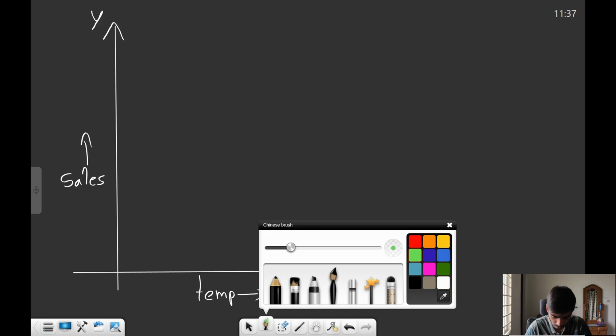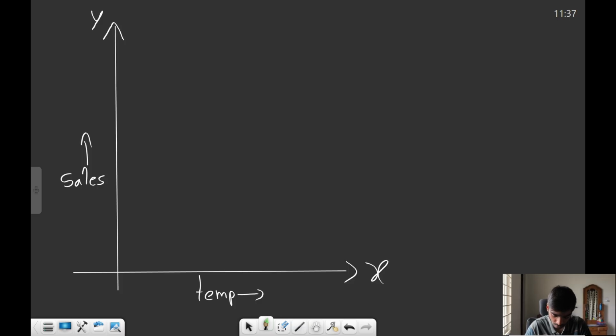Let's say you have some historical data of temperature versus sales every day for a year. These are your data points on this plane. The number of sales on that day at that particular temperature of the year. Now you can have some extreme outliers like psychopaths buying cool drinks at 0 degrees or at colder temperatures. So this is your plane with all the data points, temperature versus sales.